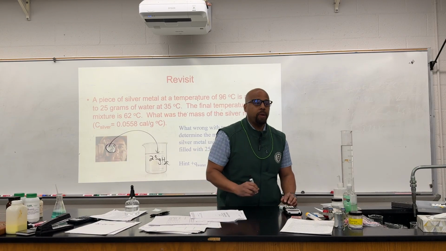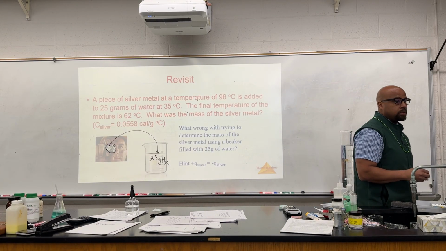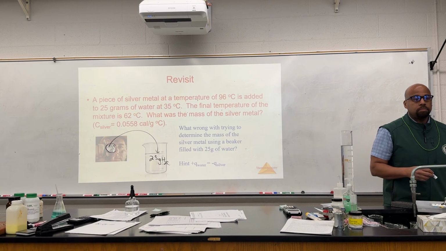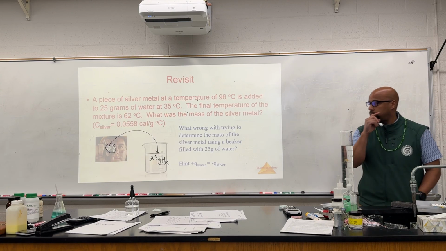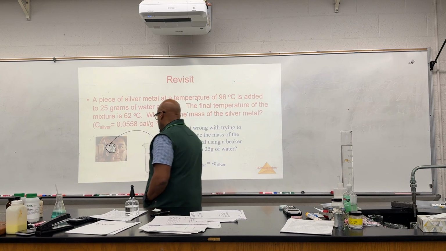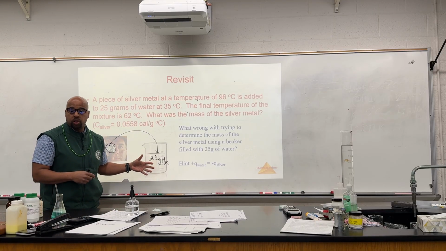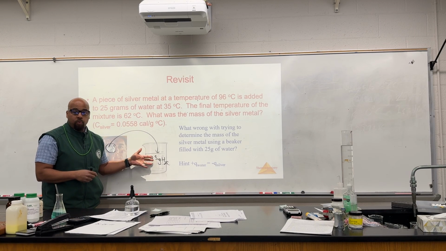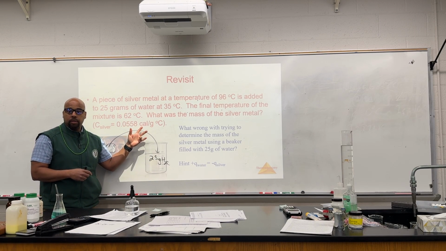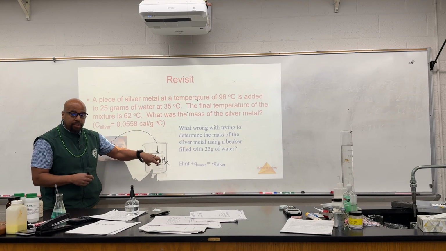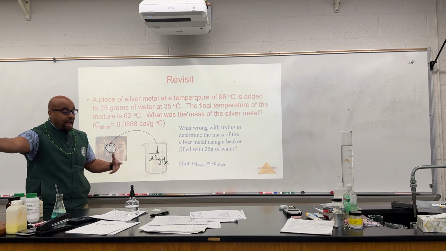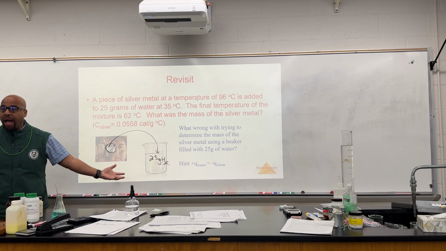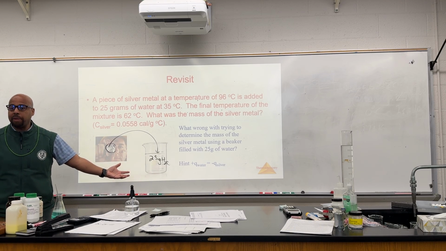Is heat going to go anyplace else? Will it go into the air? Like it won't all stay in the water? Okay, so some of the heat is going to go into the water. Some of the heat from the water is going to go into the air, right? And then some of the hot silver, when it goes down there, will it make the glass warmer? Absolutely, it's going to make the glass warmer as well. Well, that's a problem here.